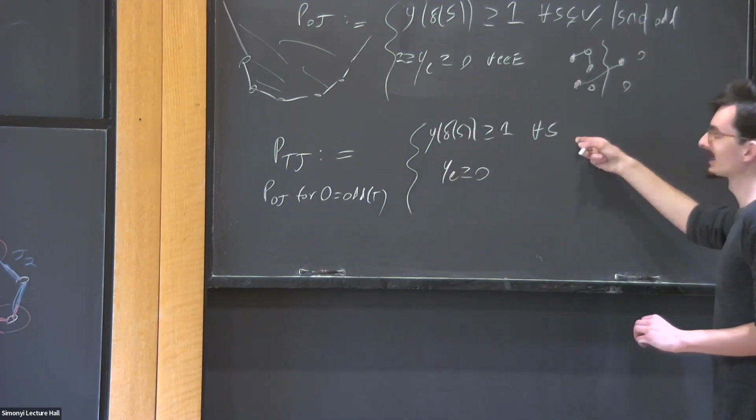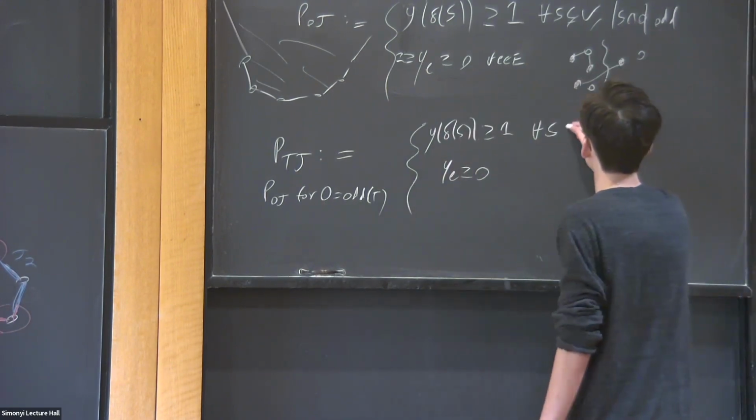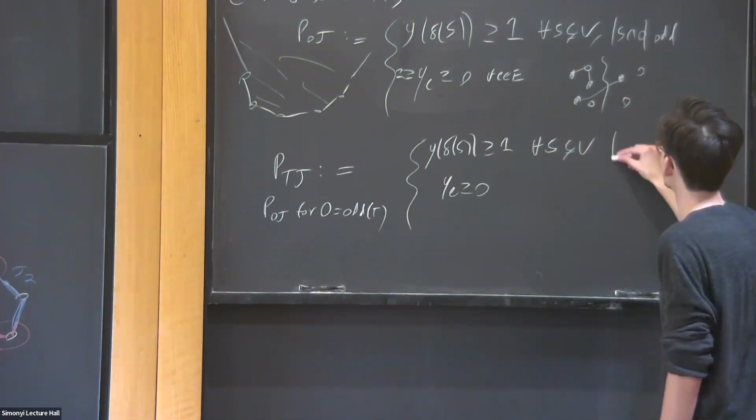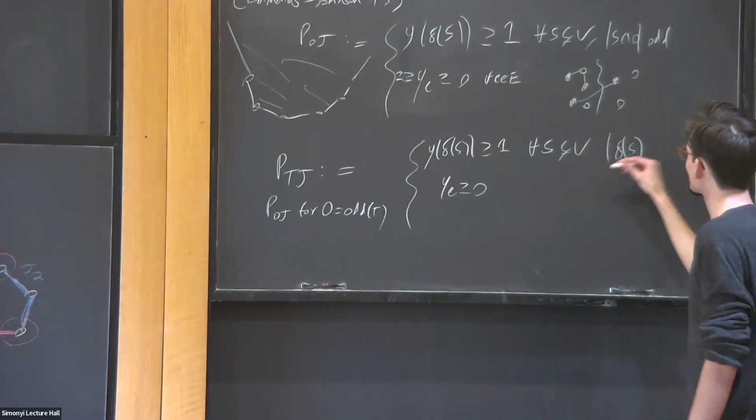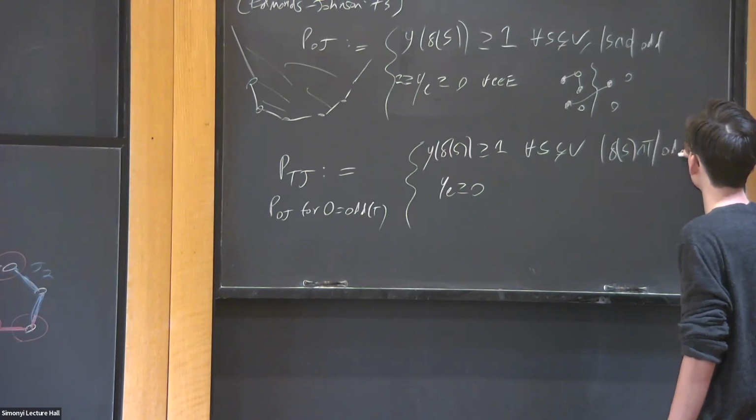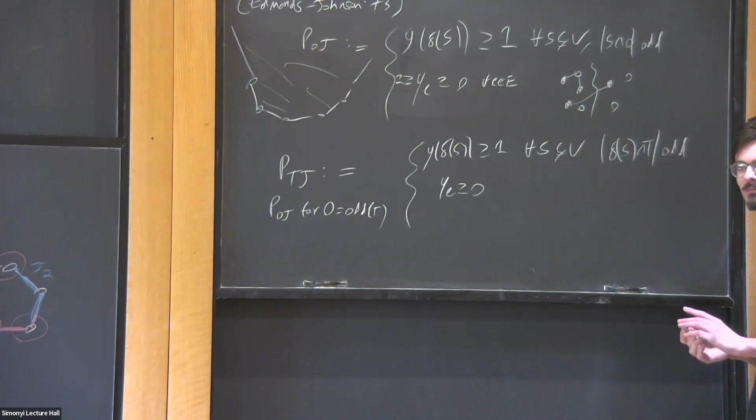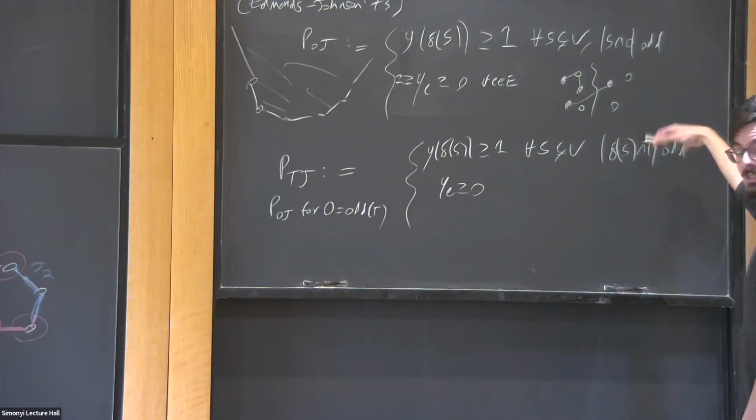If you translate this constraint, it says all sets for which the number of edges the tree has in that cut is odd. And it's not too hard to see this equivalence.